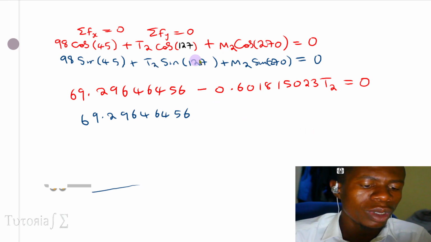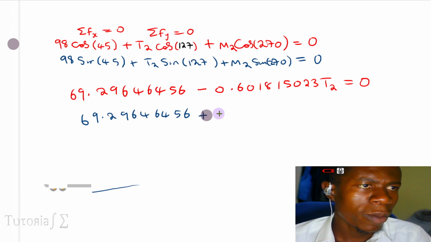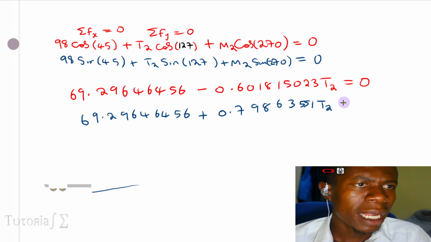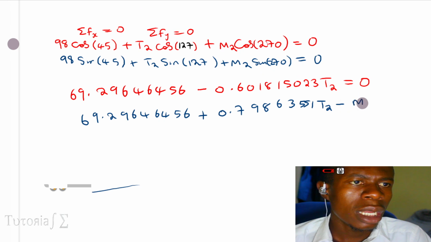Sine 127 is giving me positive 0.79863551 T2. Then plus m2 sine 270, that will give me negative, so this would be negative m2, equal to 0.